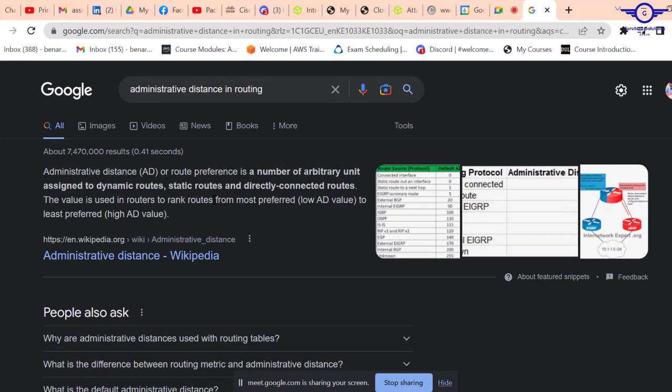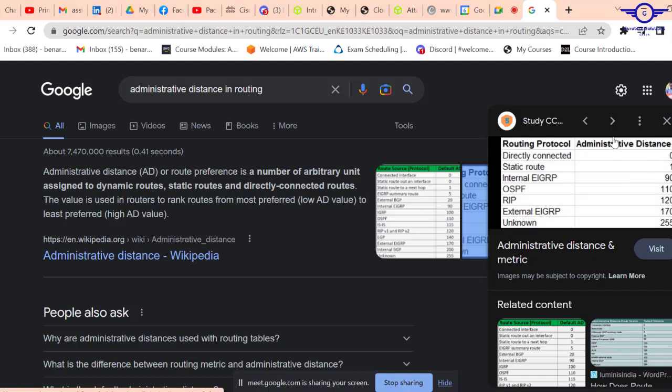So you can see here that administrative distance is just a number of units assigned to dynamic routes, static routes, or directly connected routes. And if I click on this, you can see that each routing protocol has a different administrative distance.